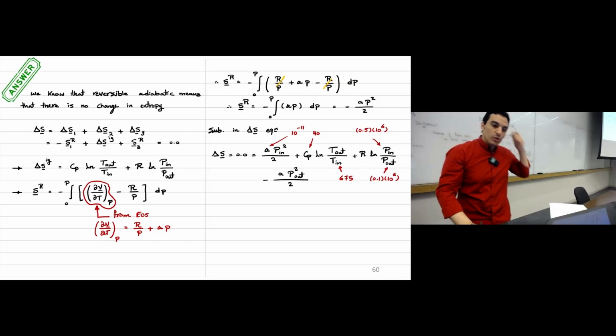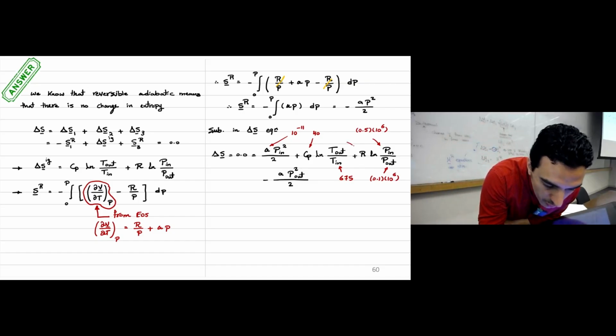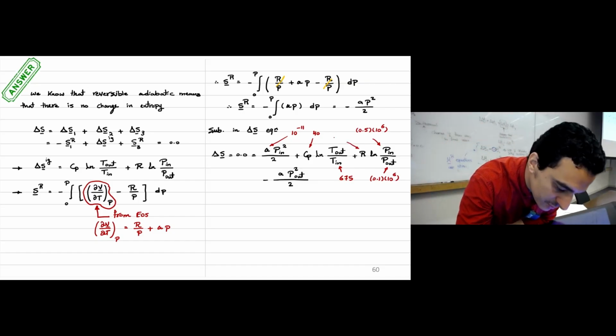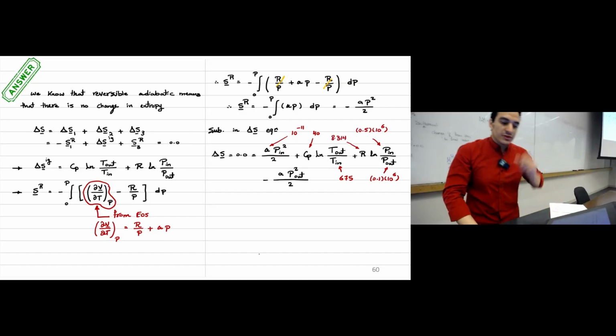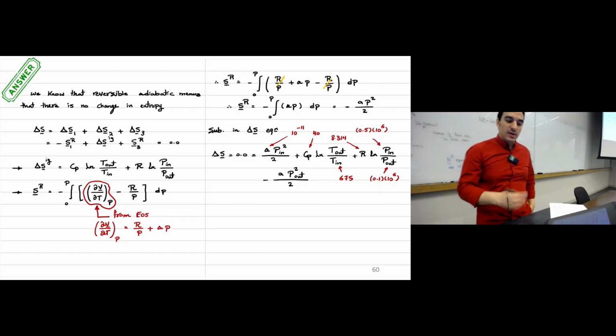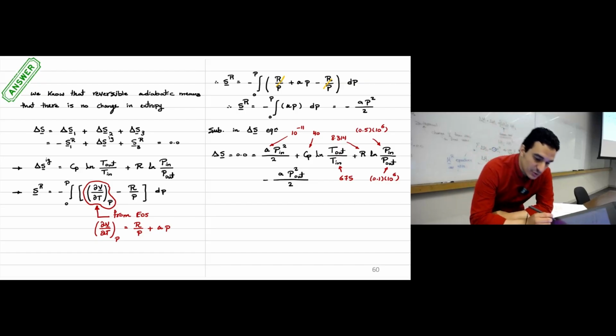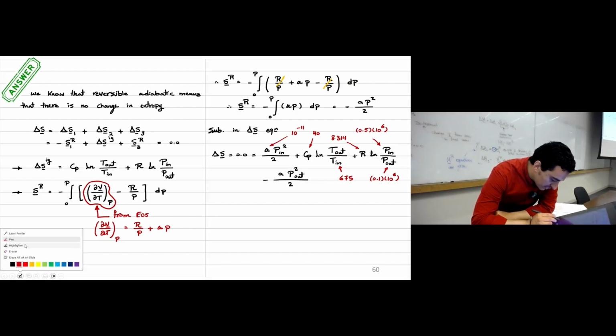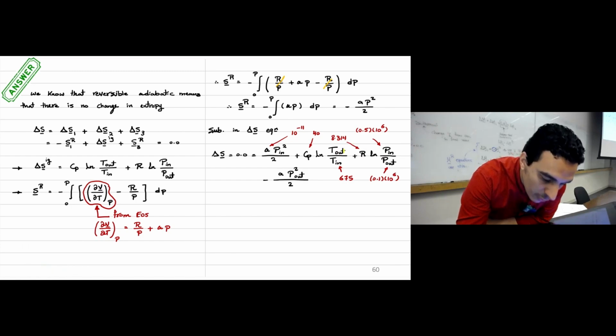And the ideal gas constant is 8.314. So we have A, the inlet pressure, the inlet temperature, the value of Cp, and the value of the ideal gas constant. The only unknown in this equation will be the outlet T.